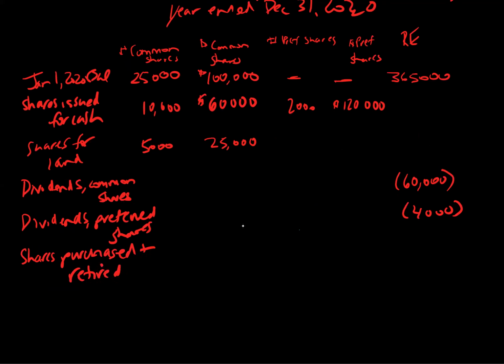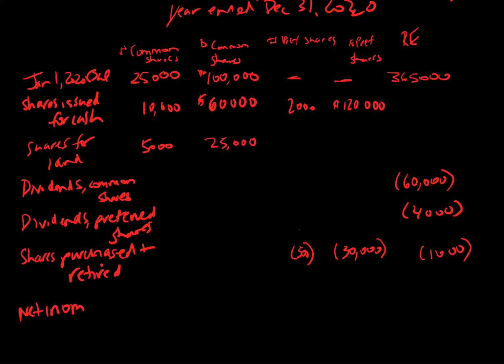And that is going to take, we reduced 500 preferred shares. It reduced our value by 30,000 and it reduced retained earnings by 1,000. We also have net income.